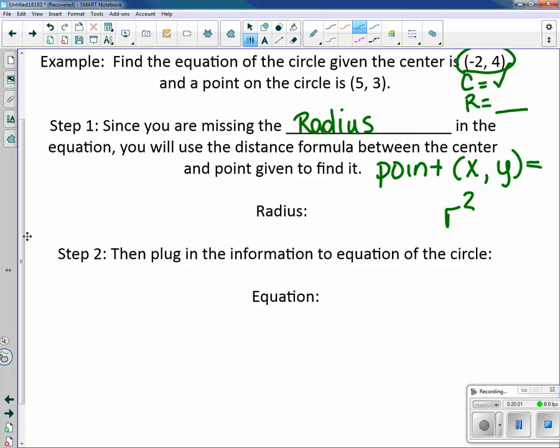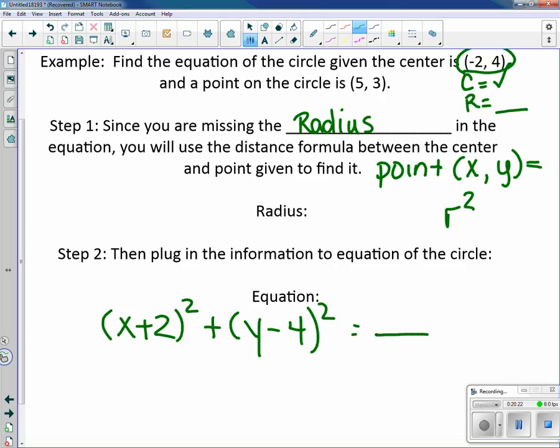Now, when you write the equation, you should have something similar to this. X plus 2 squared plus y minus 4 squared. Is everybody with me? Did I lose anybody?